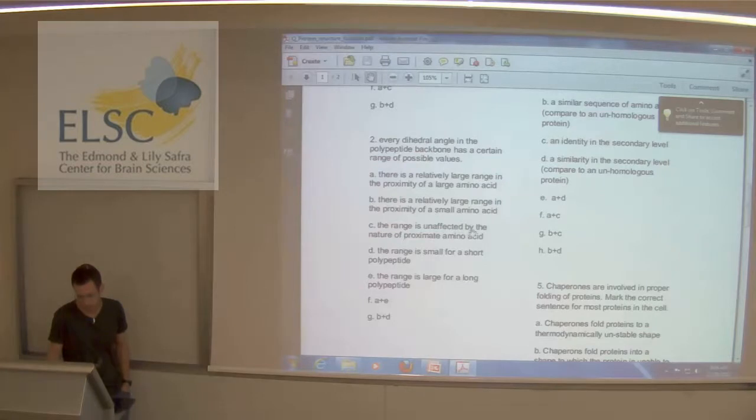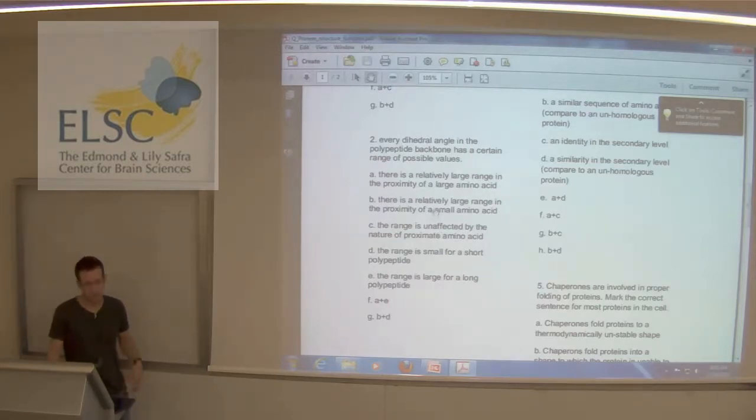What about C? The range is unaffected by the nature of the proximate amino acid. Well, again, if B is correct, then C is definitely not correct. The range is unaffected by the nature of a proximate, meaning not the same amino acid, but the proximate amino acid. This is what you gathered from this sentence. So it's not phrased correctly.